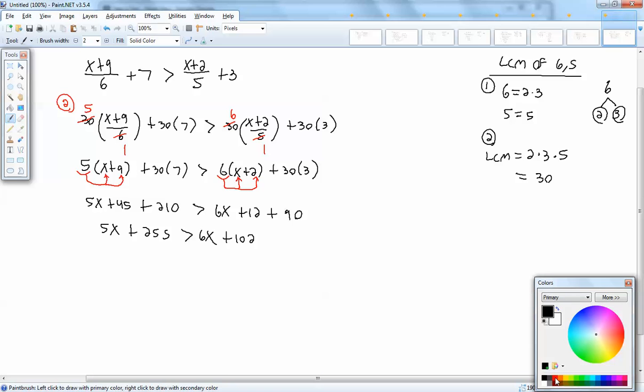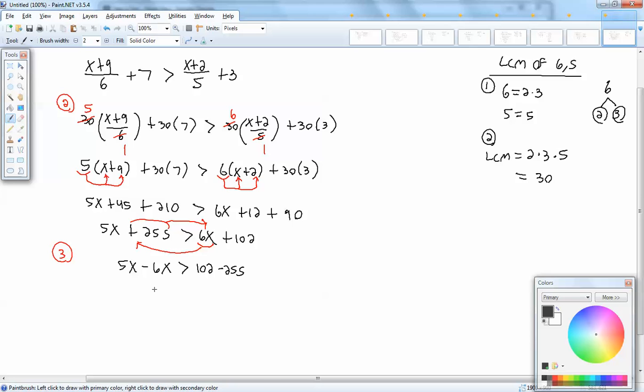Okay, third step. Get everything with an x on the left side, numbers on the right side. So I'll take this 6x, move it to the left side, take this 255, move it to the right side. You take anything across your inequality symbol, the sign changes, so the 6x becomes a negative 6x. The 255 becomes a negative 255.